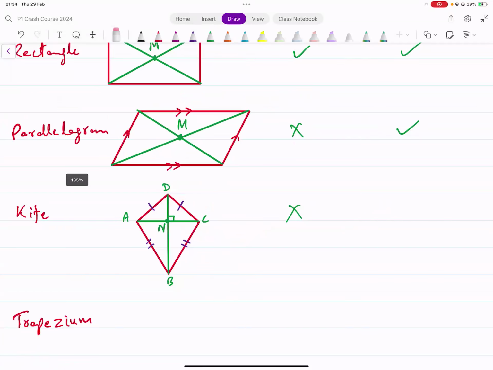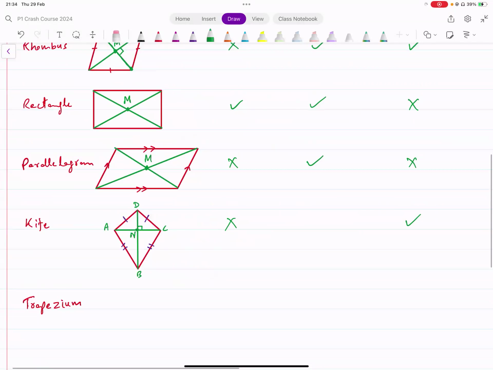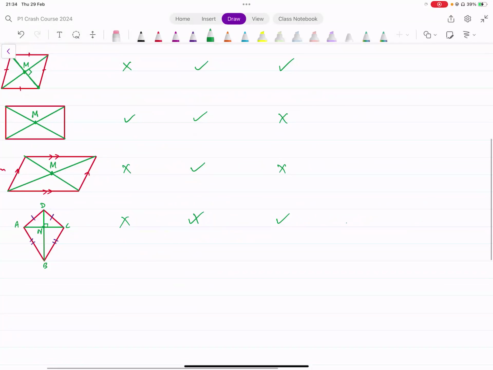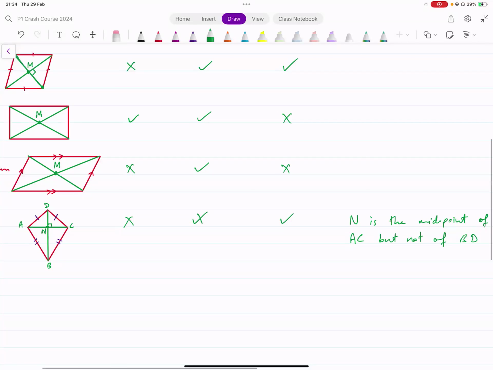Make sense? So we can represent it like this, yes and no. Because in this case, we're saying N is the midpoint of AC, but not of BD. So it's the midpoint of one of the diagonals, but not of the other.